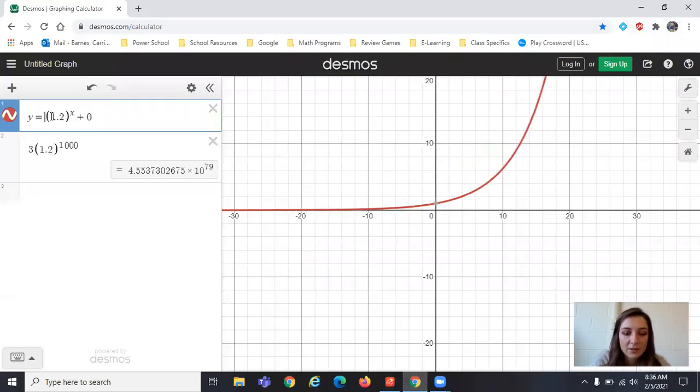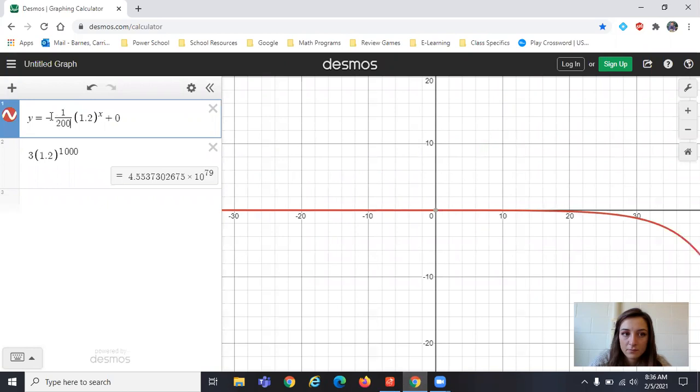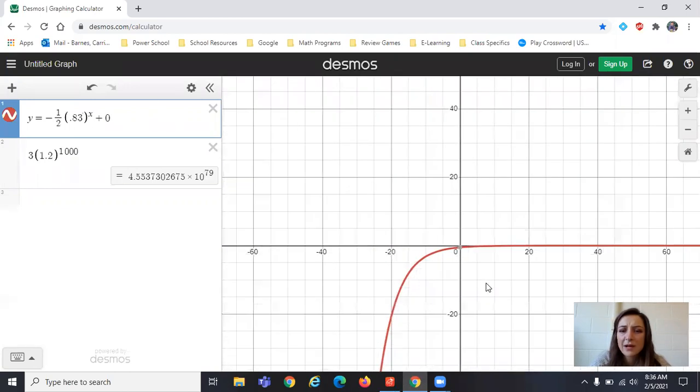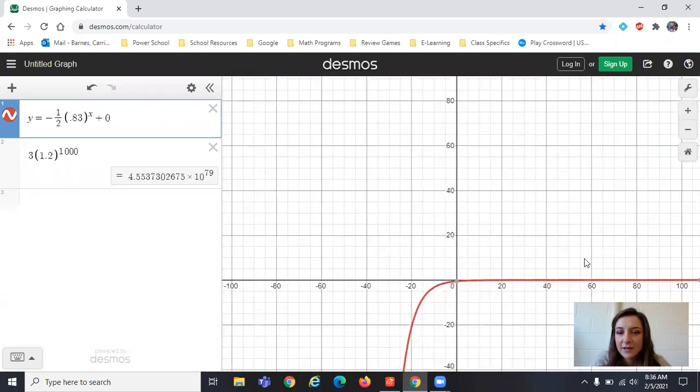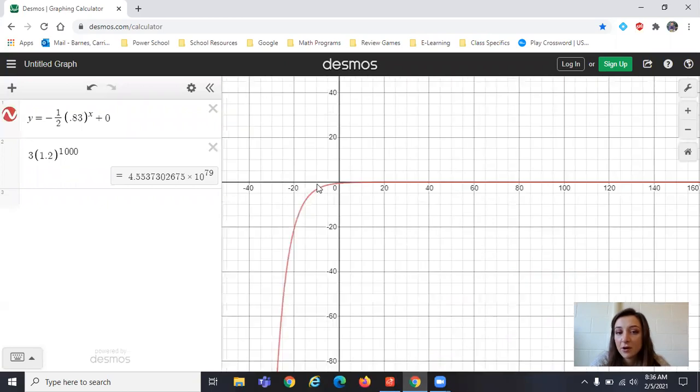Okay, and I'm just going to change some of the numbers. Okay, so there's our function, and you can see that this one actually does exist in negative infinity, and then it is approaching 0, just like we said that it would, because that's what's being added on the end.